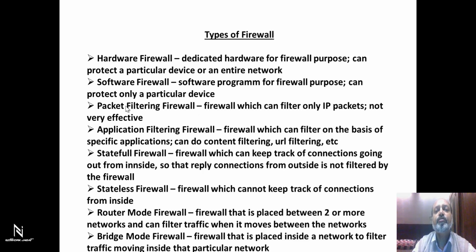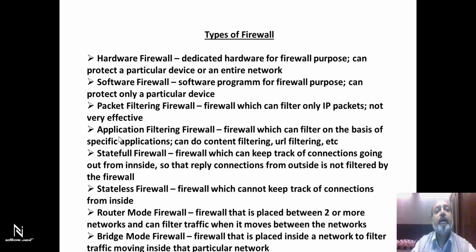Whereas a software firewall is a software program for firewall purpose and can protect only a particular device. So if you are considering your Windows firewall or your Linux iptables or your antivirus firewall, in all these cases they can provide security to that particular device on which they are installed, not for all other devices.